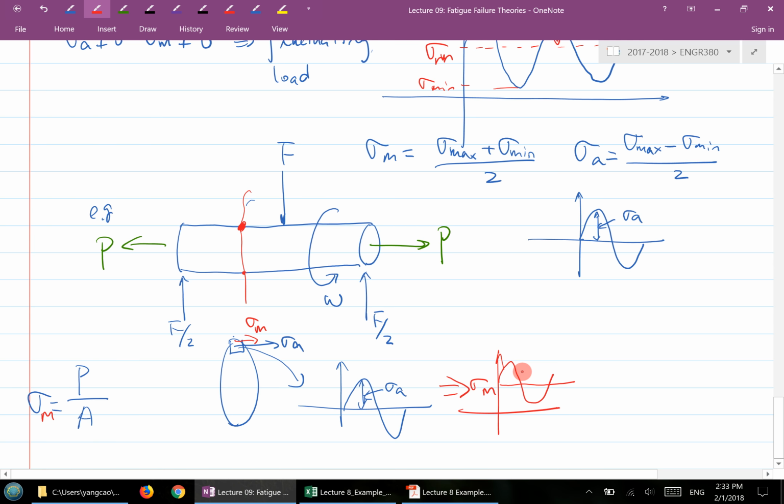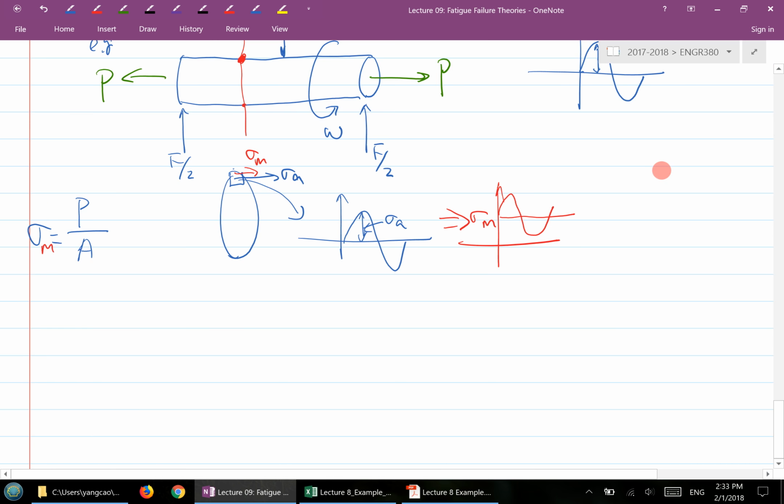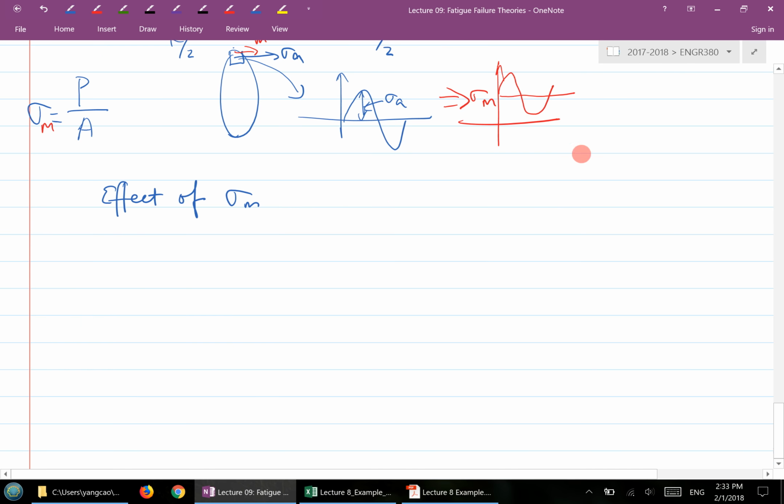So now this will bring us the next interesting question: what will be the effect of the sigma m on the performance of this part? If you recall, when we learned completely reversed loading, we used the so-called stress life diagram to describe the performance of this part.